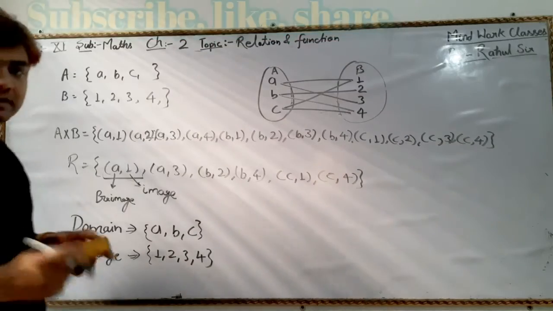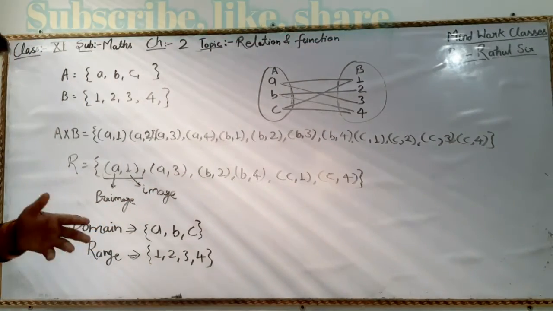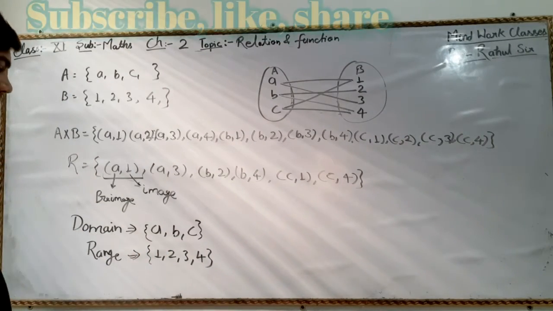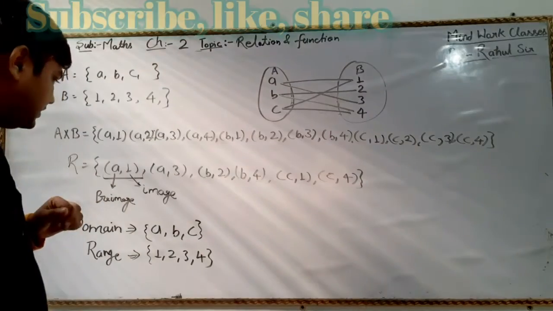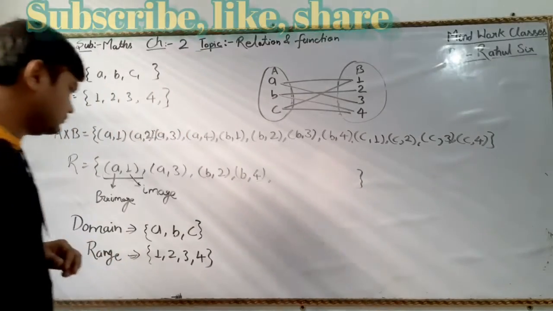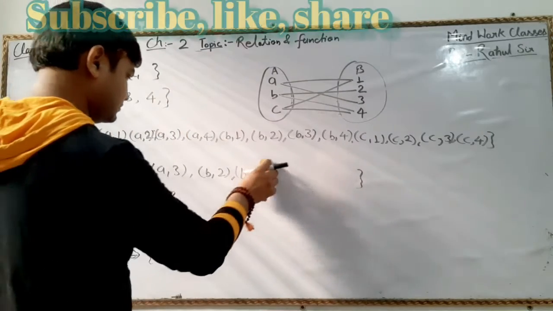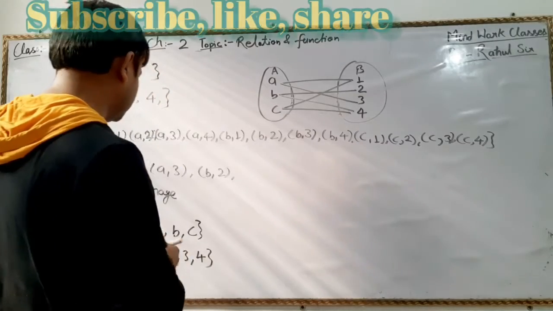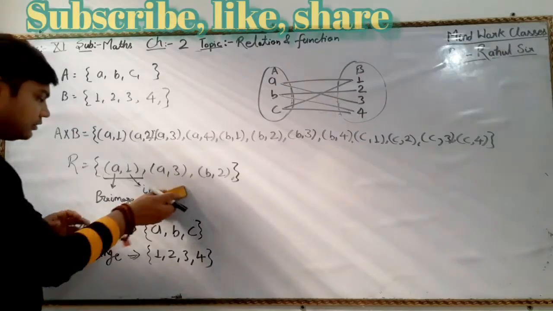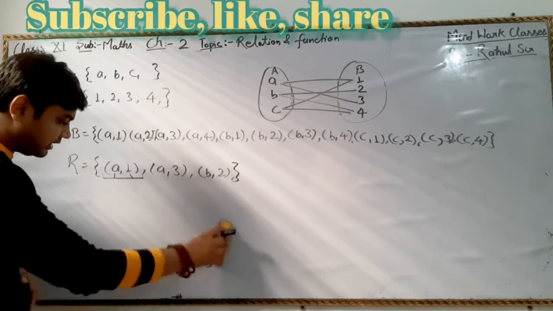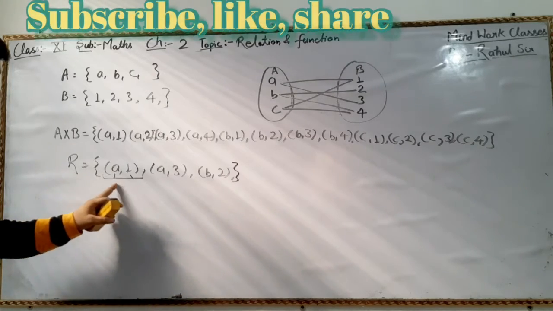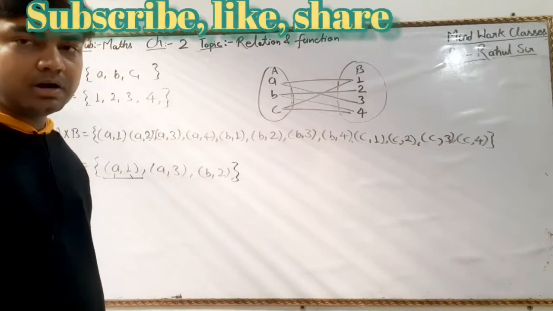Now, I think because of this example, we are not completely able to understand what domain and range are. Right now we have another relation. The relation R is equal to A, 1, A, 3 and B, 2.